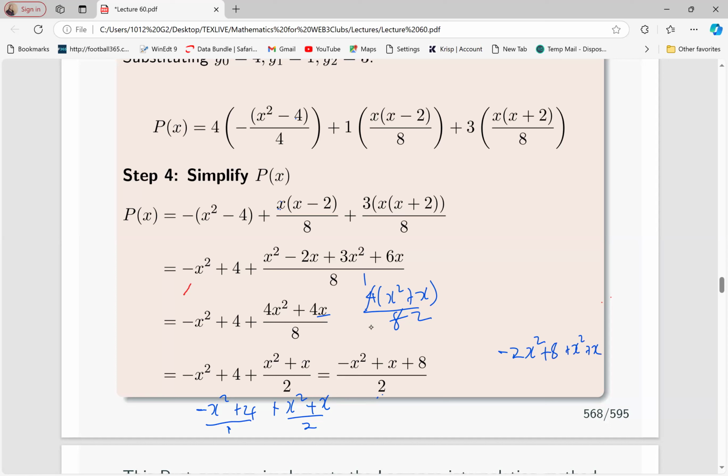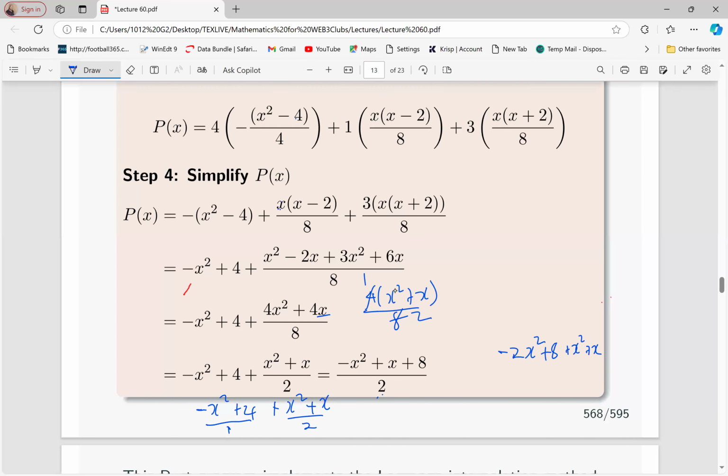So when you collect like terms, of course it's out of 2. So negative 2x squared plus x squared will be negative x squared. Then plus 8x, then plus 8 out of 2. I left it at that. This is the polynomial we're looking for.